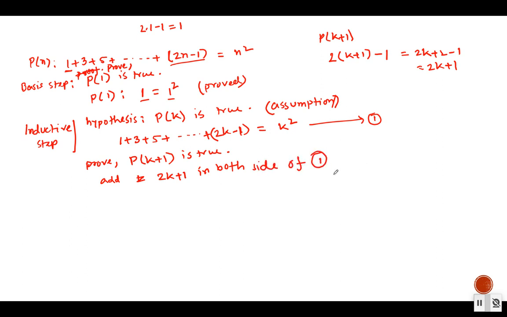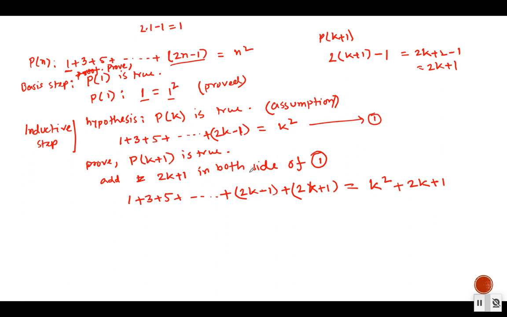of the equation. I hope you are getting all of my handwriting. So 1 plus 3 plus 5 plus ... plus (2k − 1) plus (2k + 1) equals k² plus twice k plus 1.